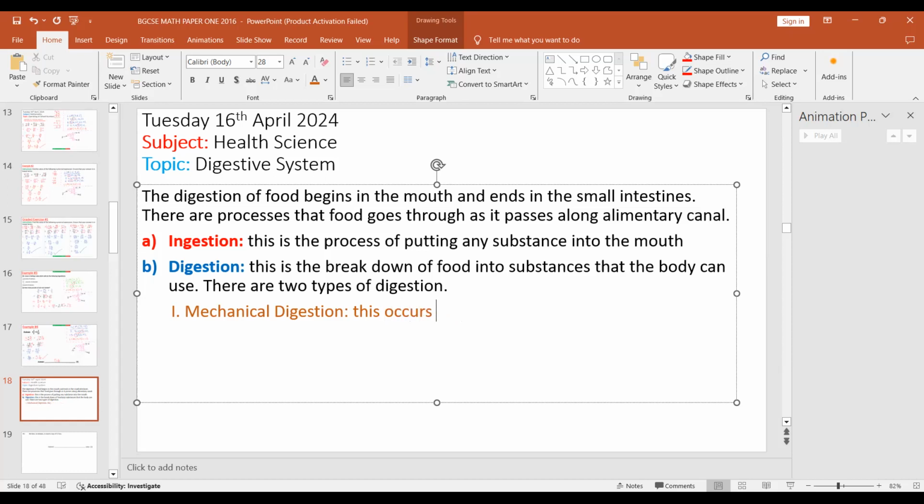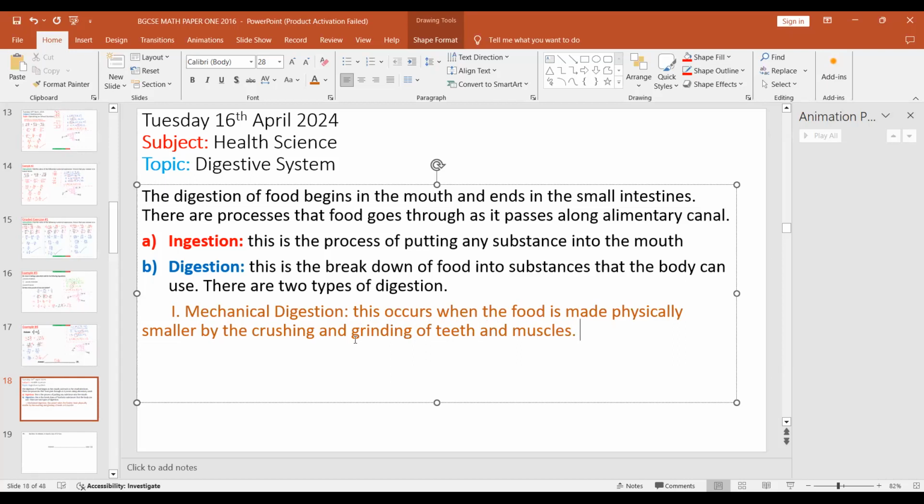This occurs when the food is made physically smaller by crushing and grinding, by the crushing and grinding of teeth and muscles.